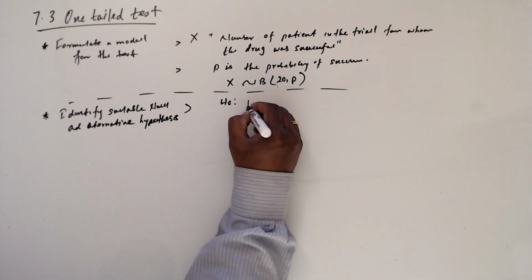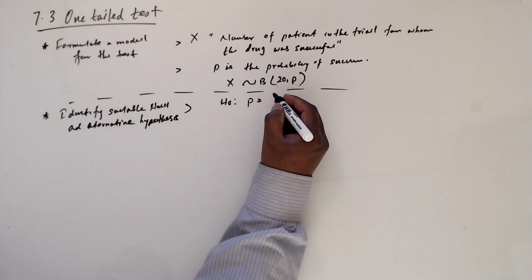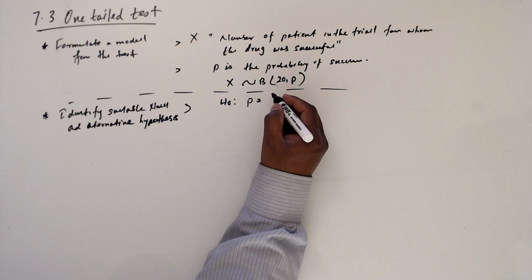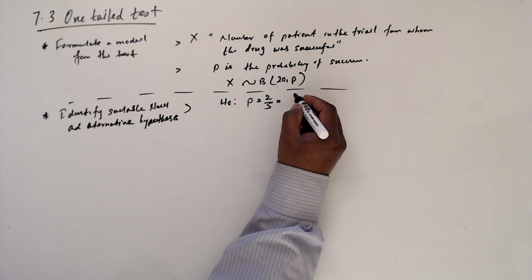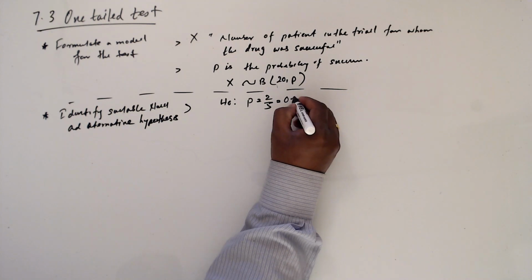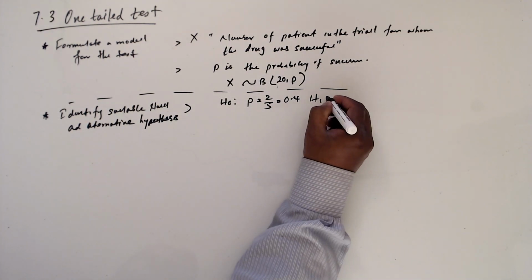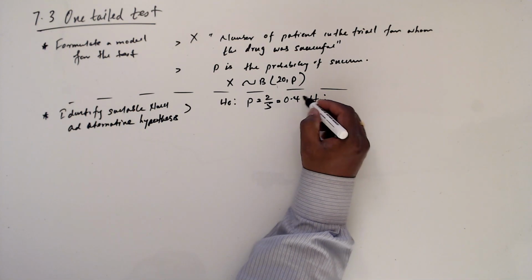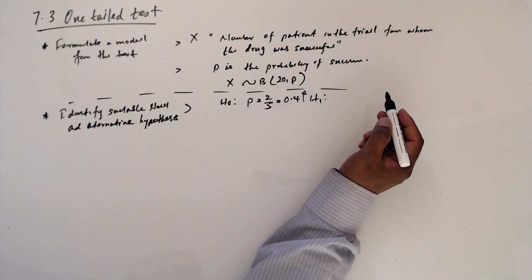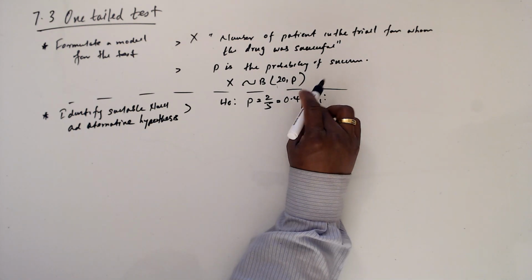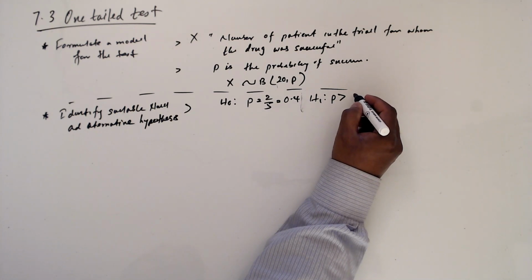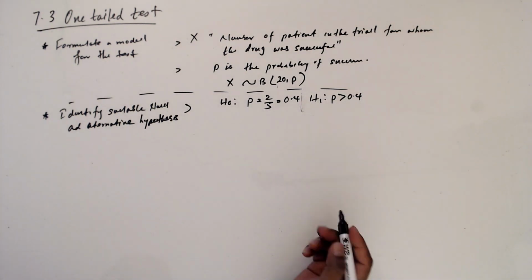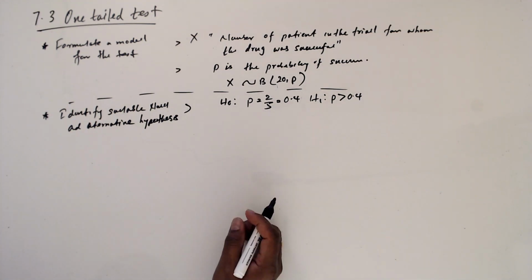It's given that the standard treatment for the particular disease has a 2/5 probability of success. This is the data from the population, 2/5, which is 0.4. And then H1: now he believes that this 0.4 is increased, so p is more than 0.4. So we have to check the upper tail now.